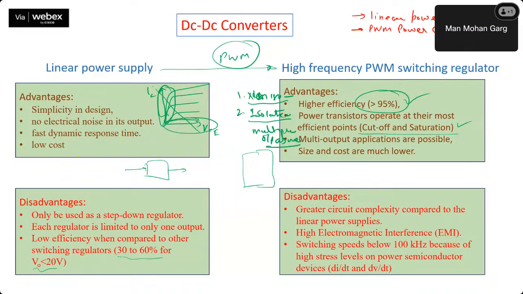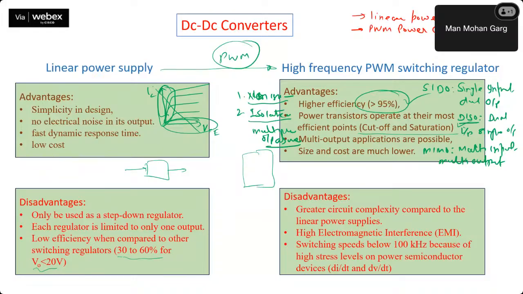Nowadays, there are topologies for non-isolated converters also, where you have single input, dual output, SIDO; single input, multi-output; dual input, single output, DISO; or MIMO, multi-input, multi-output in general.